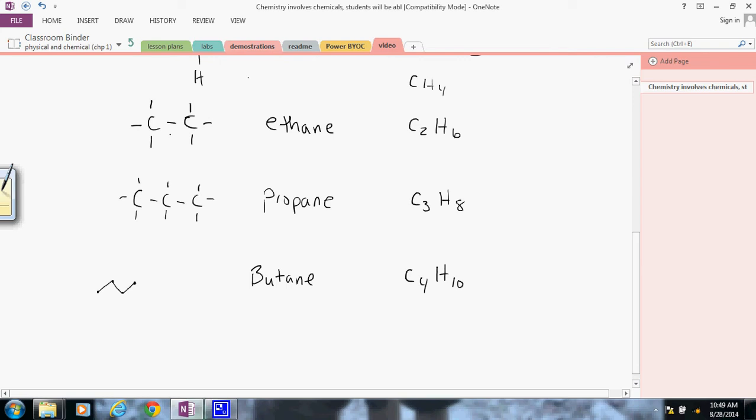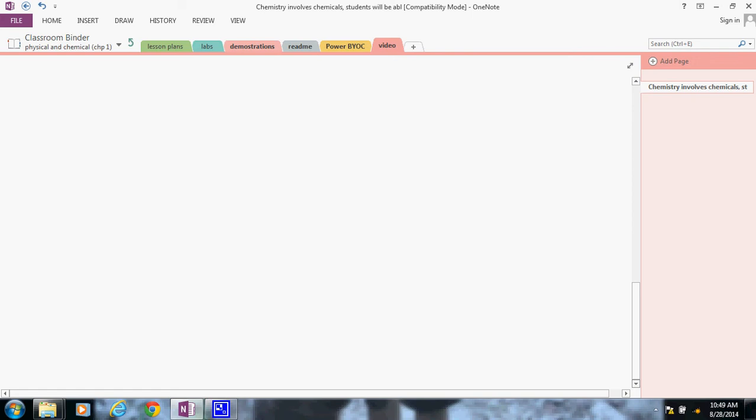Now the first 4 organic compounds are more historical in nature. At least their name is more historical in nature, and they're common, and we can look at the name to see why. If we're going to look at a hydrocarbon, we want to know what we call the base chain.